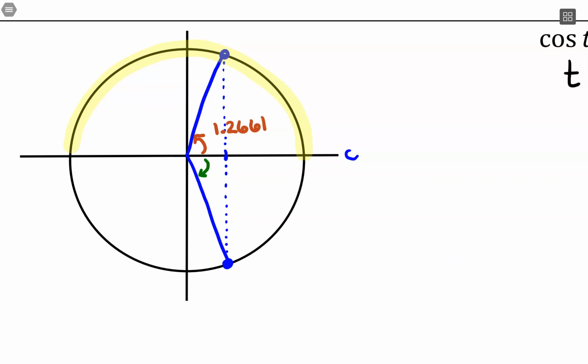Here is 0 radians. This is pi over 2, which in decimal is 1.57. So just so you can get some instinct there, like, okay, that being 1.26 makes sense because it's fairly close to 1.57, just a little bit less. And then over here is pi. Down here is 3 pi over 2. And then we'd be back at 2 pi, which is like 6.28.